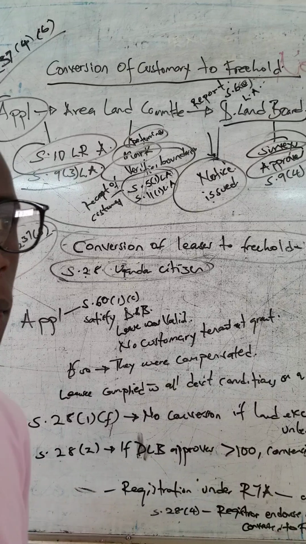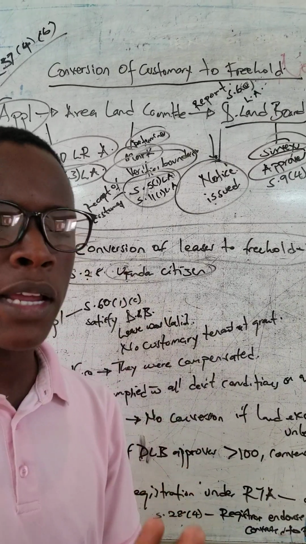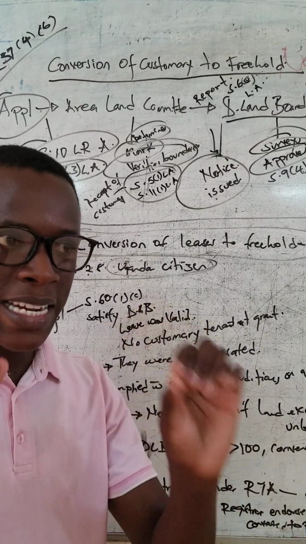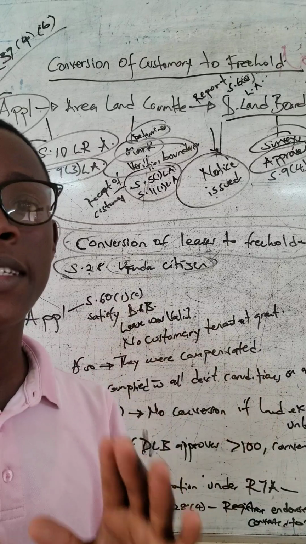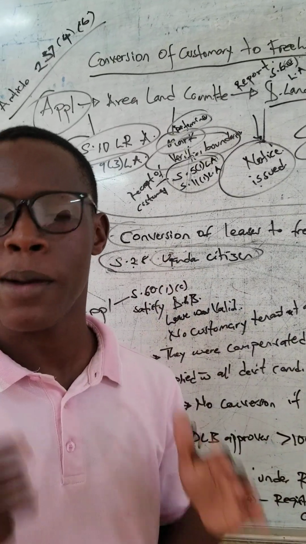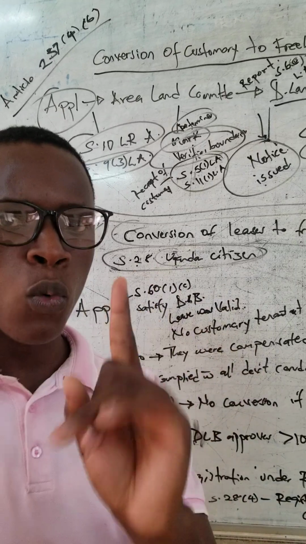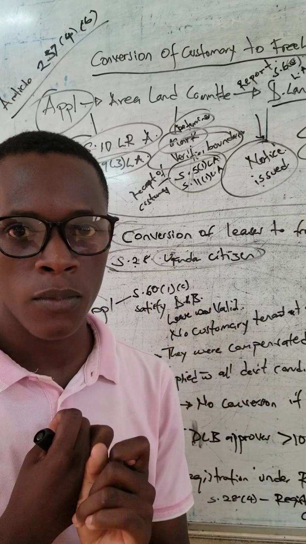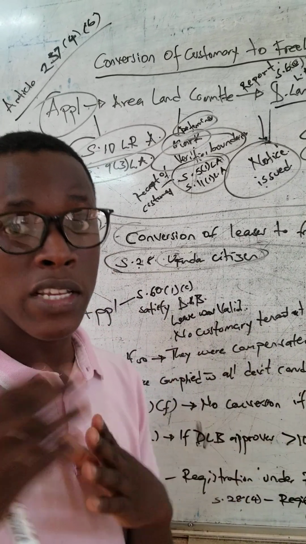What do I mean? Basically, what you have to bear in mind is that a non-citizen cannot own land permanently. He has only one form, which is a lease. It gives a period of 2 years to 99.